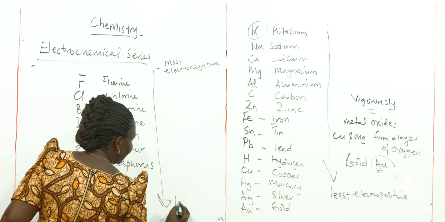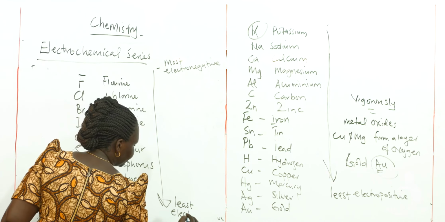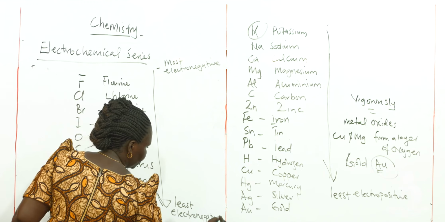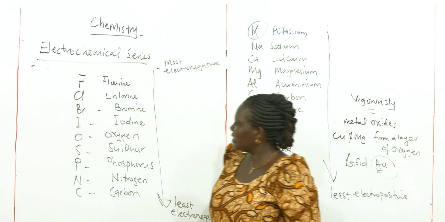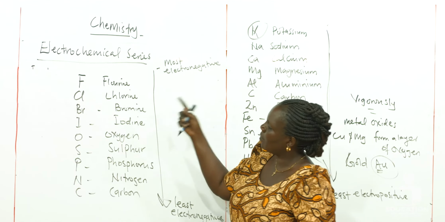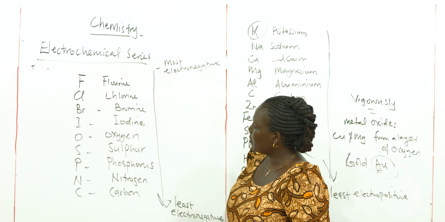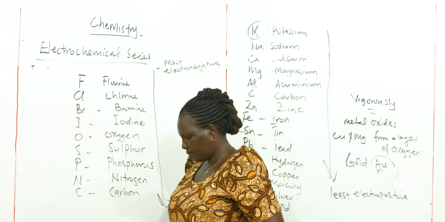The most reactive non-metal is fluorine, followed by chlorine, bromine, iodine, oxygen, sulfur, phosphorus, nitrogen, and then the least reactive non-metal is carbon. Reactivity decreases down the series. Fluorine is the most electronegative, and carbon is the least electronegative.